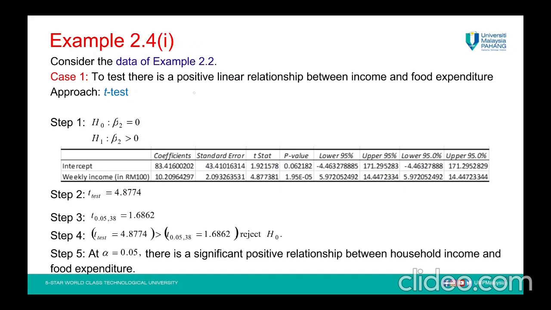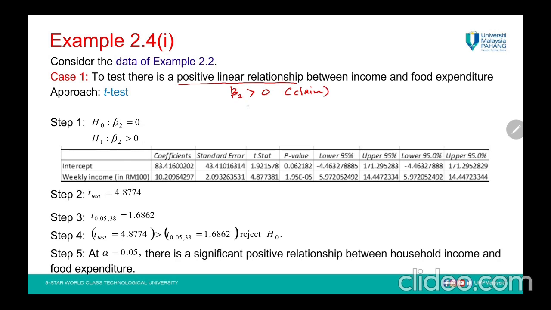In general, there are 5 basic steps in a hypothesis testing using the traditional approach, and note that t-test is under the traditional approach. The first step is to construct the hypothesis, and since in this case we want to test the positive linear relationship, beta 2 here is greater than 0, and this is the claim that we need to test.